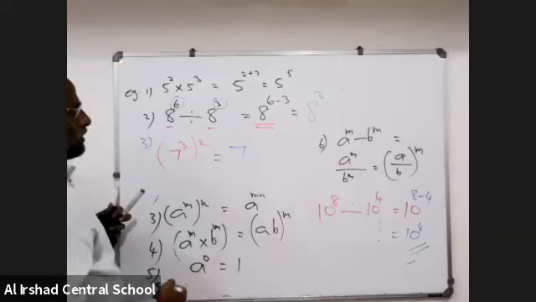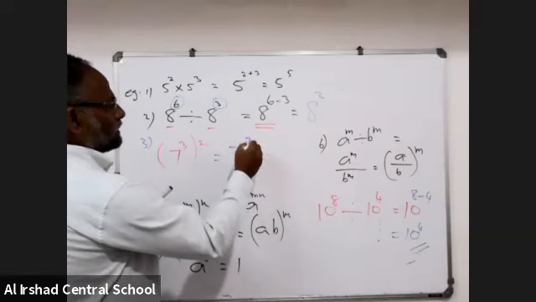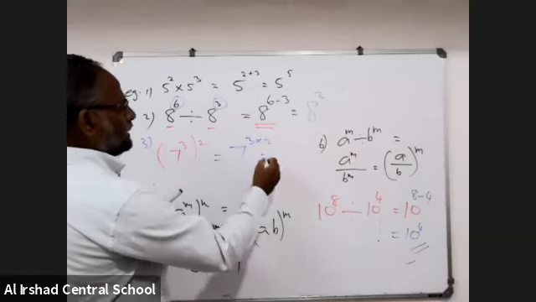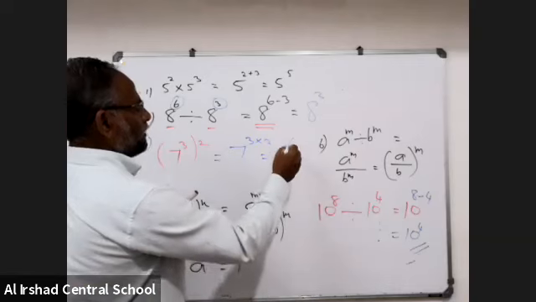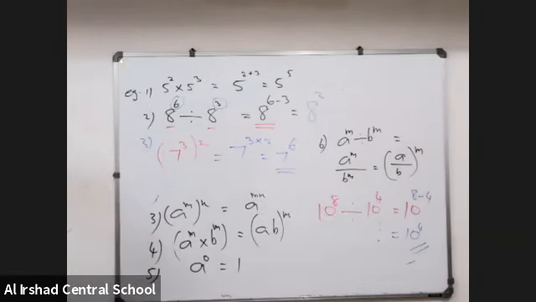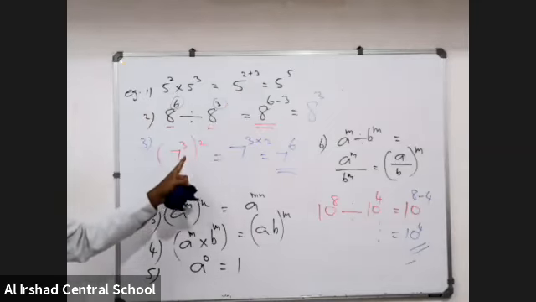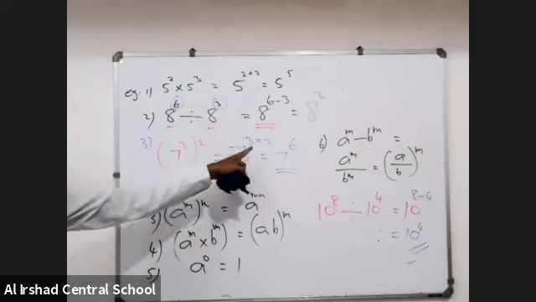To the power of, what is your m? Tell me. m into n, 3 into 2. That is 7 to the power of 6. Be careful. What are you doing? Your multiplication, you added. Here also multiplication, here multiply.